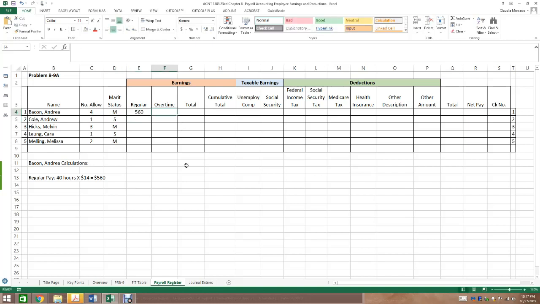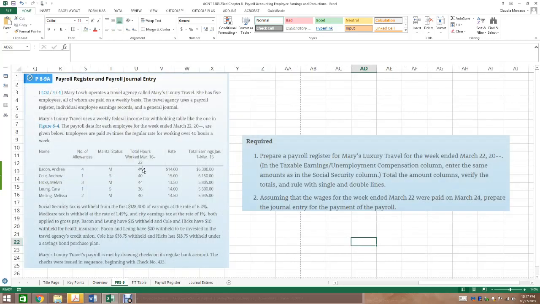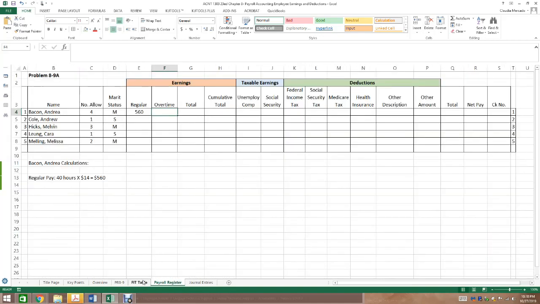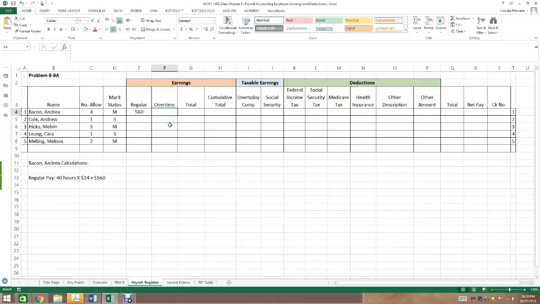Now we have to figure out, did this employee earn any overtime? Well, according to the problem, this person worked 44 hours. So that means they had 4 hours of overtime. So let me move this table to the end, that way I don't have to be going over it. So now we have our overtime pay.